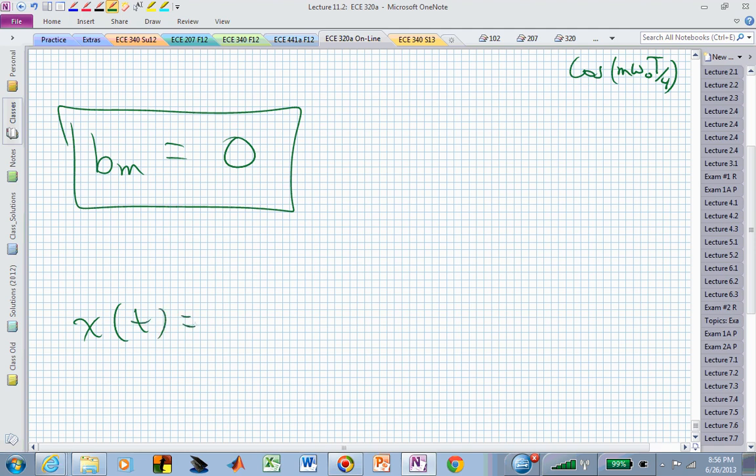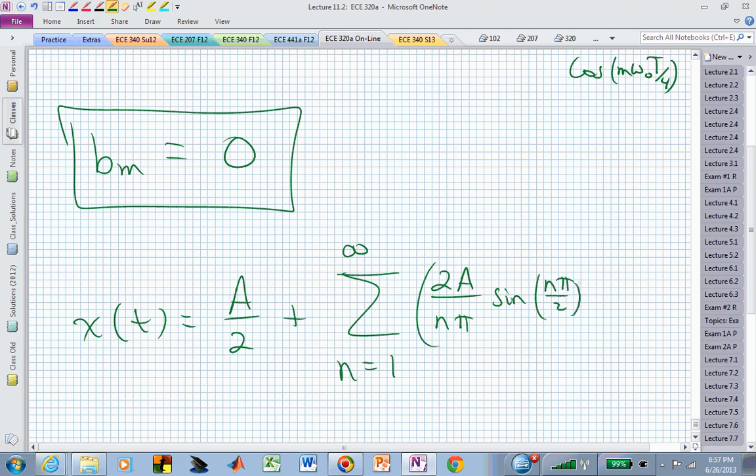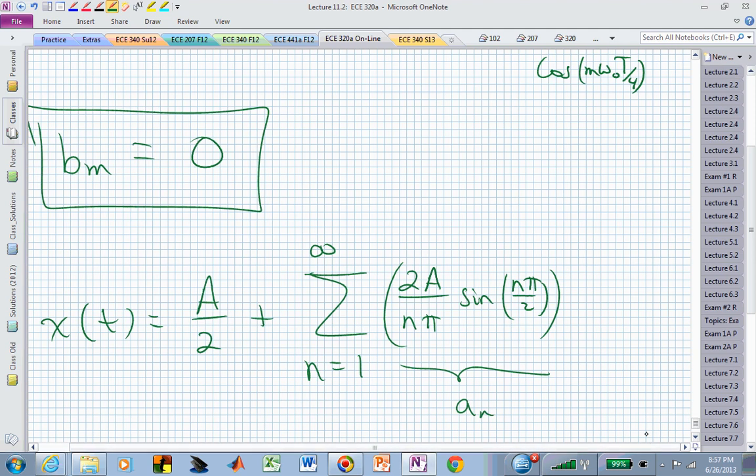We now have created this expression for this pulse waveform. Our x of t expression is now our average value, which was a over 2, plus this sum. I'm not going to worry about the terms that are going to vanish. I'm just going to go ahead and build it all up. We have the coefficients, which are the a sub n's, and those are 2a over n pi sine of n pi over 2, which scale all of the harmonics on the cosine.